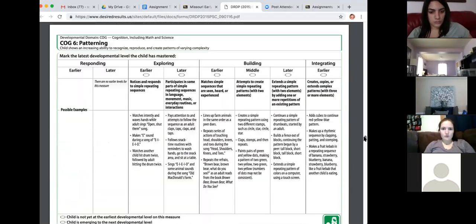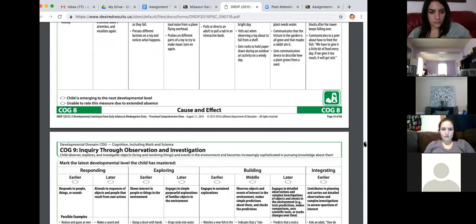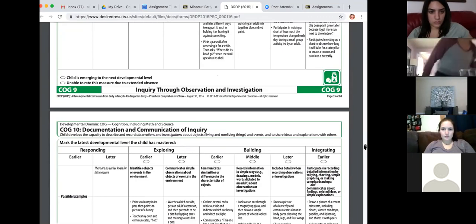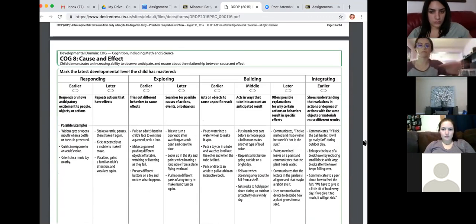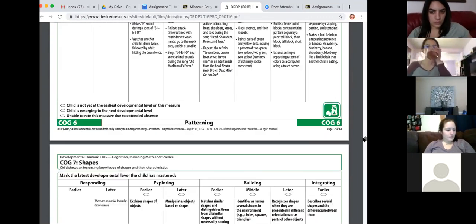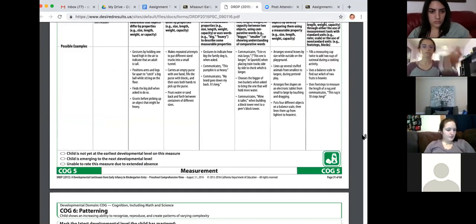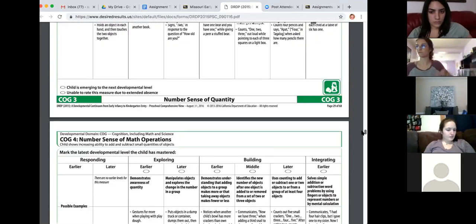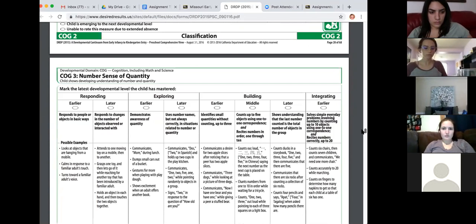So classification in the DRDP. So look at how classification is about number and quantity.